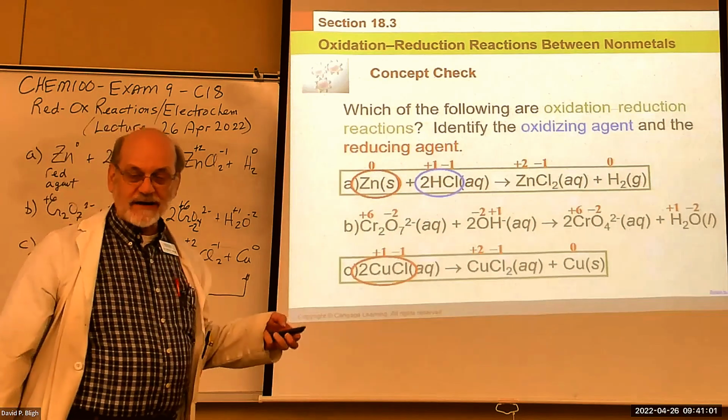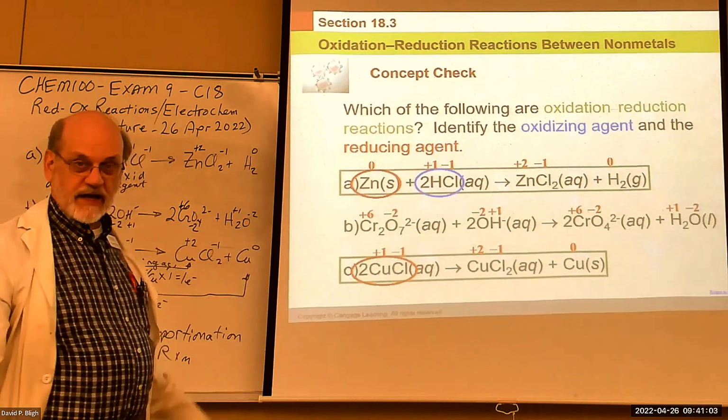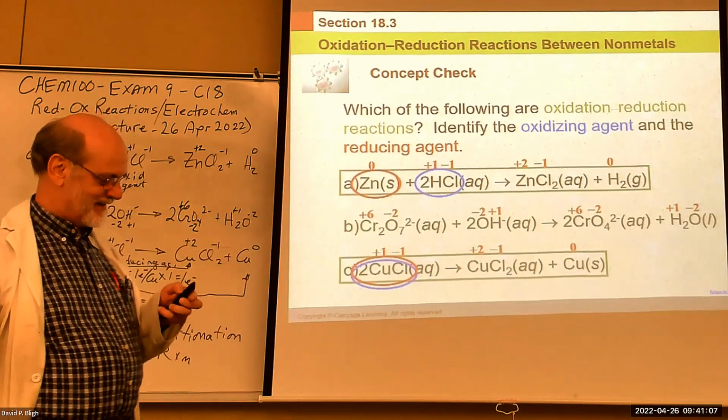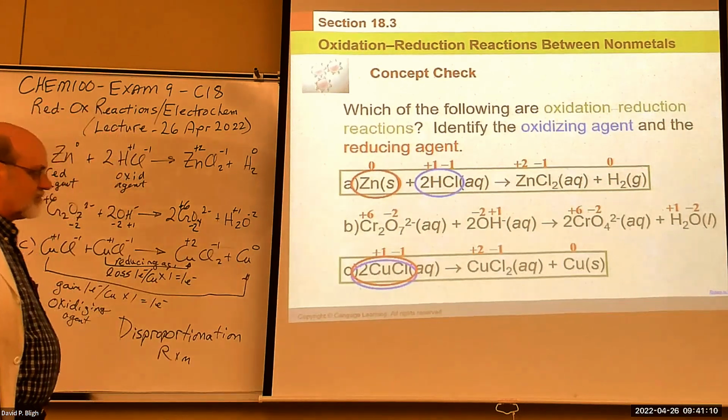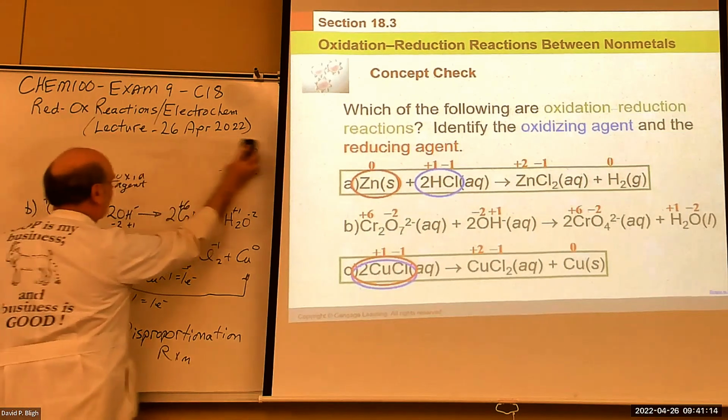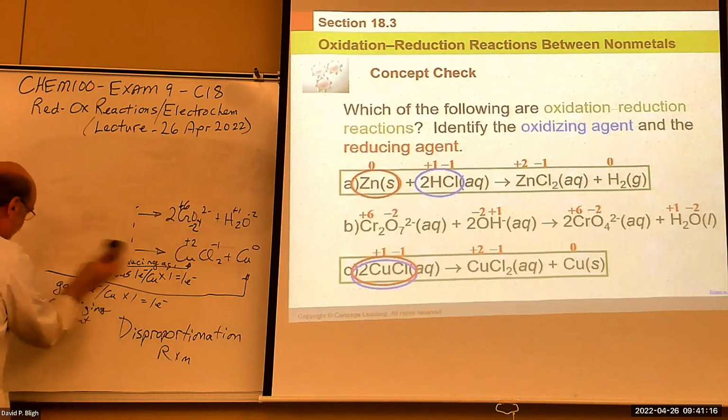Copper 1 chloride is the reducing agent. It's also the oxidizing agent. Okay? All righty then.